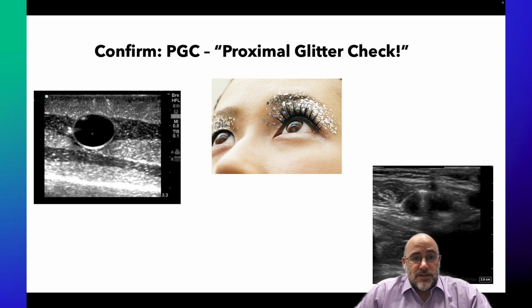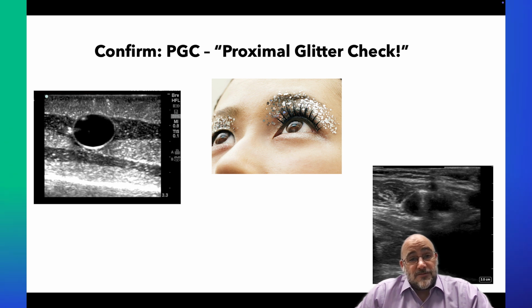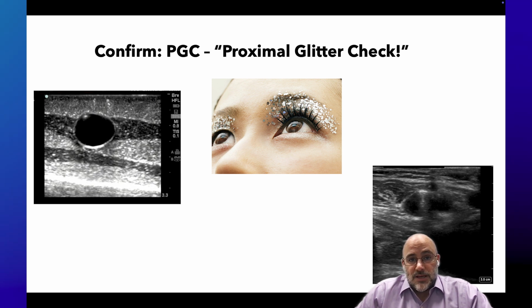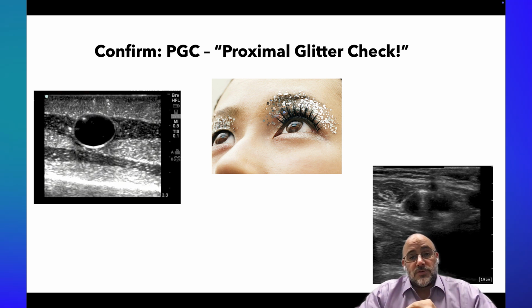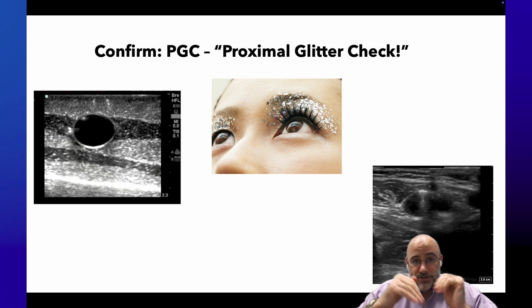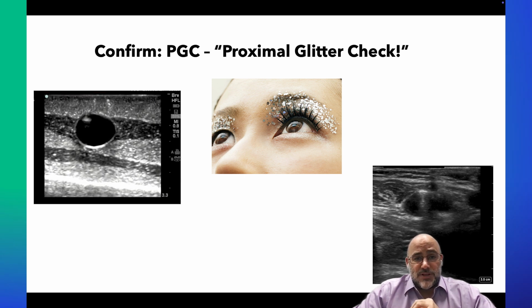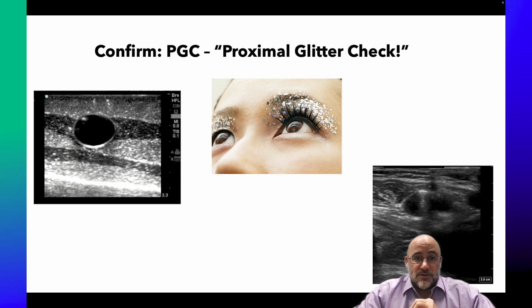And the reason for that is, once you're relatively deep to the point where you're using an ultrasound, you could be in the muscle, you could be in the fascial planes, you could be in the sub-Q space, where the patient just doesn't have a good sense, or you don't have a good sense, that what you're doing is just flushing in fluid and dissecting those planes, and you're not actually in the vessel at all.